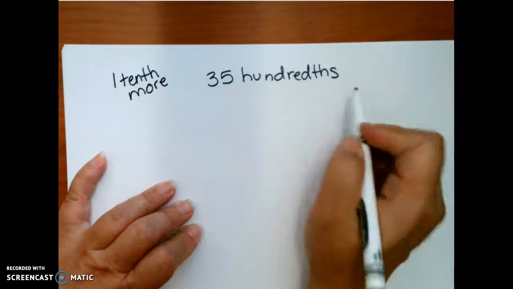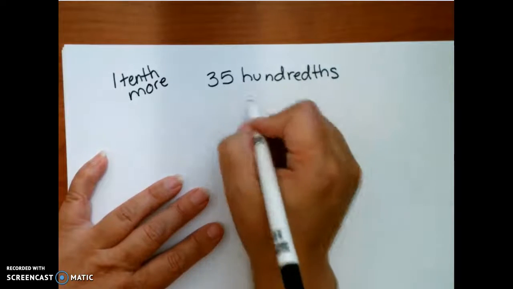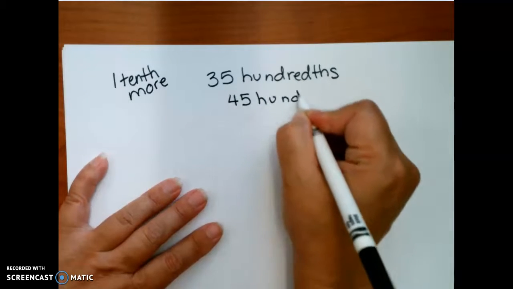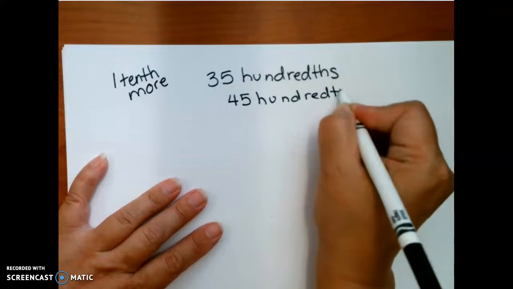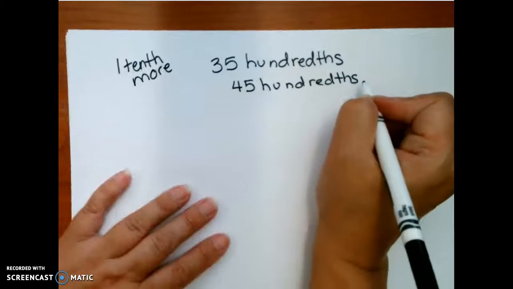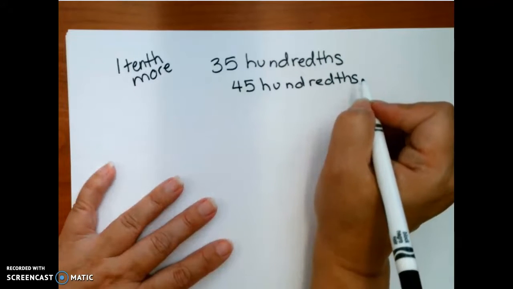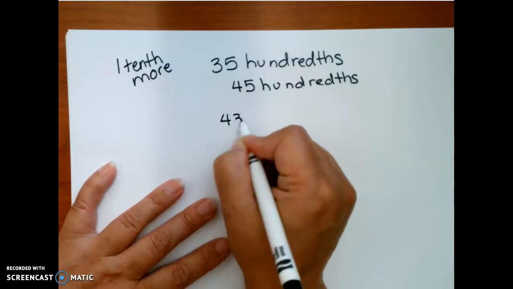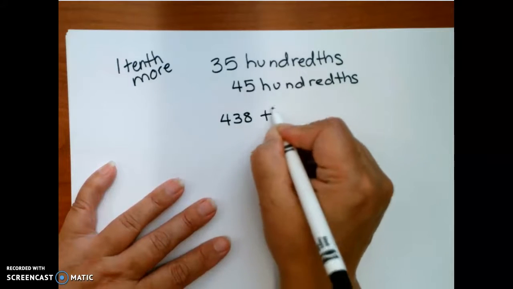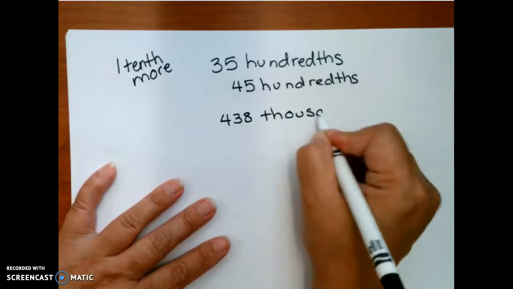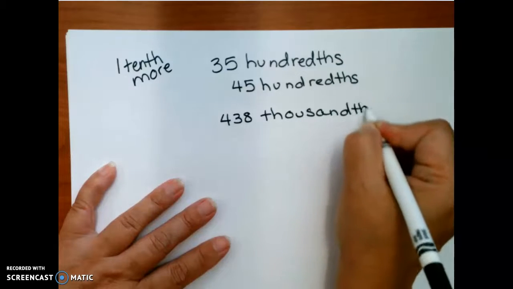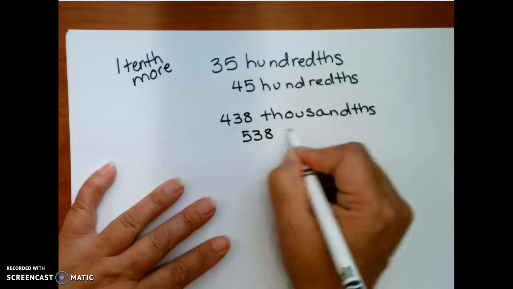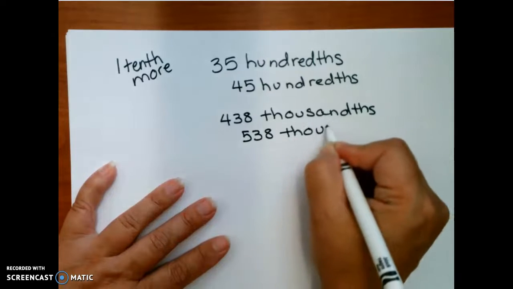So 1/10 more than 35/100ths is 45/100ths. What is 1/10 more than 438/1000ths? That would be 538/1000ths.